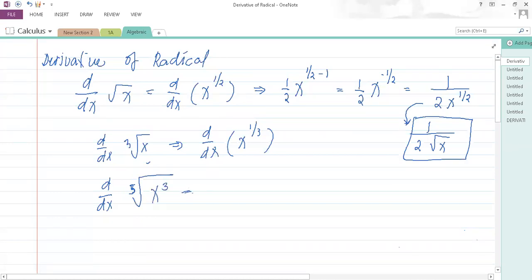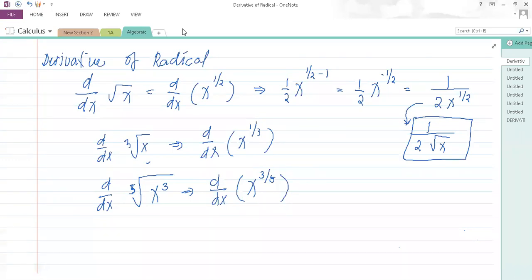How do we convert that? That is d/dx of x raised to 3/5. That is the fractional exponent equivalent of this radical form. So that's all for radicals: convert first into a rational or fractional exponent before solving for the derivative.